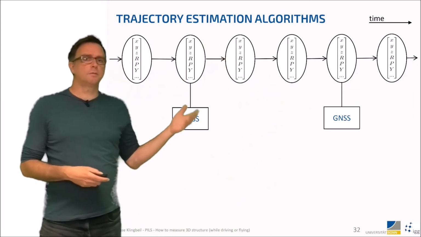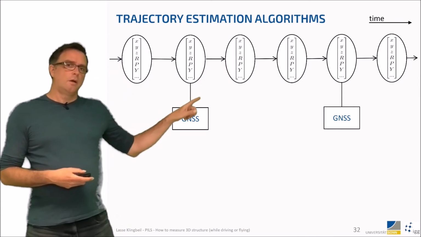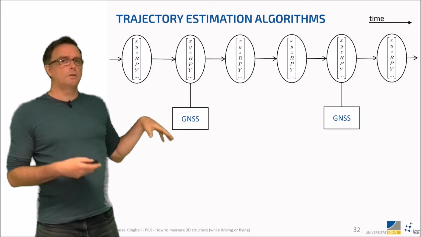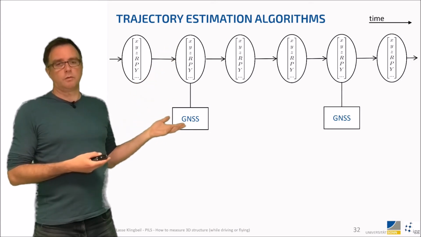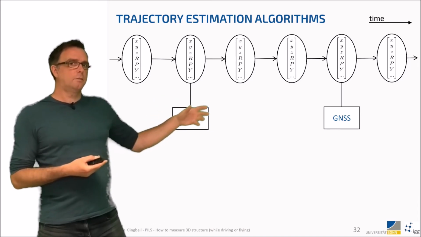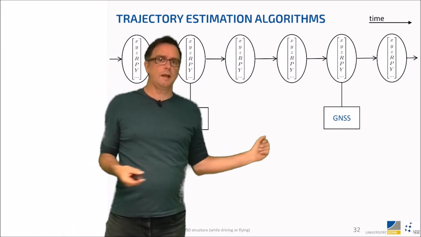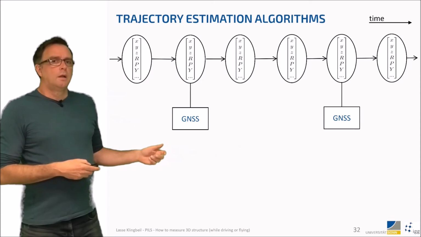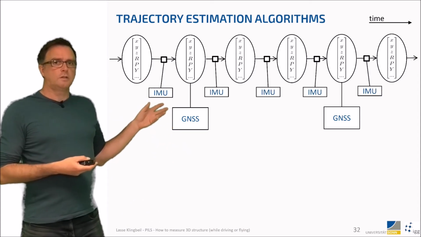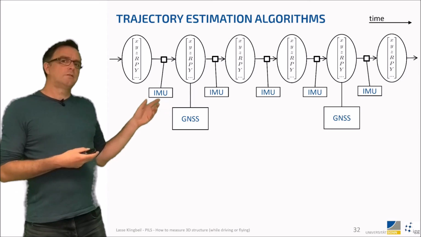Now we have some sensor which is giving us, for example, an observation of the position, just the X, Y, Z. This is coming from the GNSS. It's not coming every time that we need it, but just once in a while, 10 times per second, for example. Then we have other information, as I said, the inertial sensors, which give us relative information.